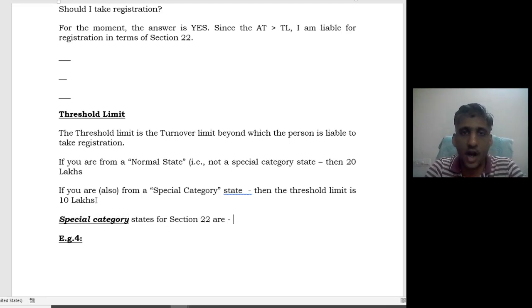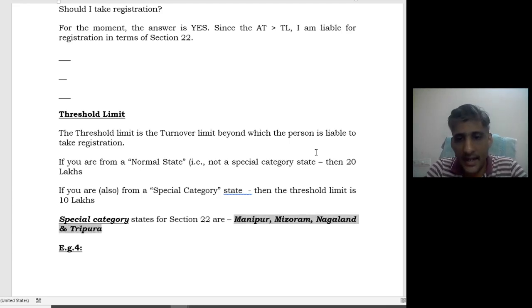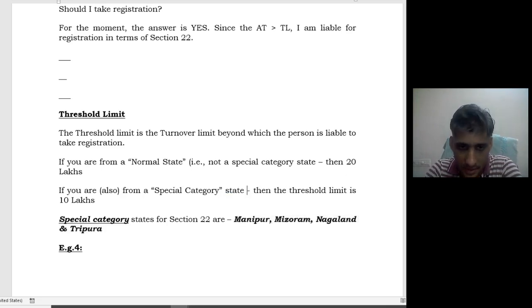These are all northeastern states: Manipur, Mizoram, Nagaland, and Tripura. I think I am writing the spelling right. These are the 4 special category states. So if you are from these 4 special category states, then the turnover limit is 10 lakhs.